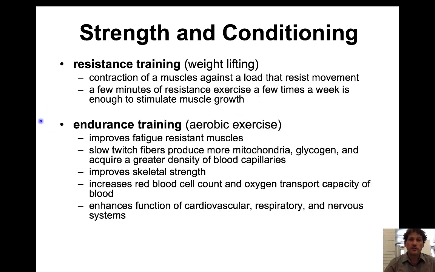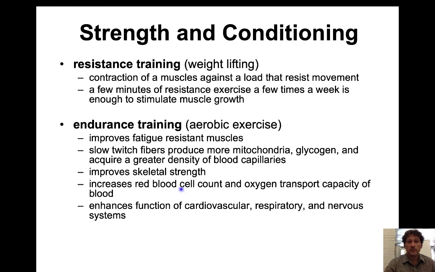And then endurance training is really focusing on aerobic exercise, so long-term exercise. You're trying to improve those fatigue-resistant muscles. Those slow twitch fibers are going to produce more mitochondria, more glycogen, and they're going to develop a larger density of blood capillaries so that they can bring more glucose and oxygen into those fibers.